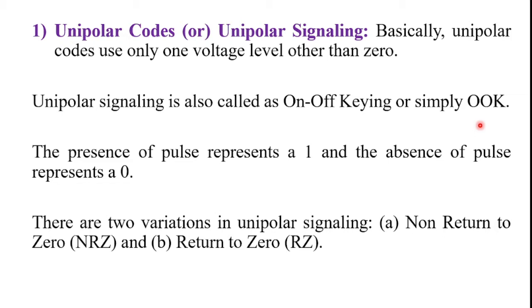So unipolar code uses only one voltage level other than 0, where 1 represents a positive pulse, the presence of a pulse, and 0 represents the absence of a pulse.